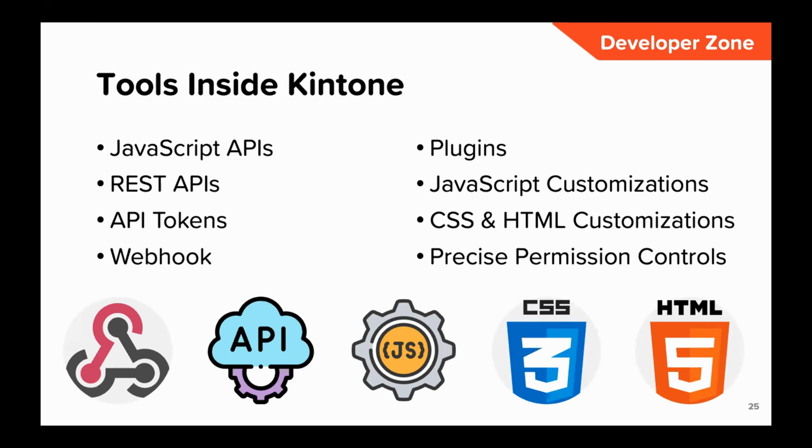We have webhooks, so you can kick off events that are in Kintone and push them into your other web applications, as well as plugins, which you can imagine are like packages that non-technical people can install. Ways to change the look and feel and the behavior of Kintone, and then very precise permission controls, so you can make sure that the right people are allowed to see the right thing and nobody else is, to the degree that's needed.